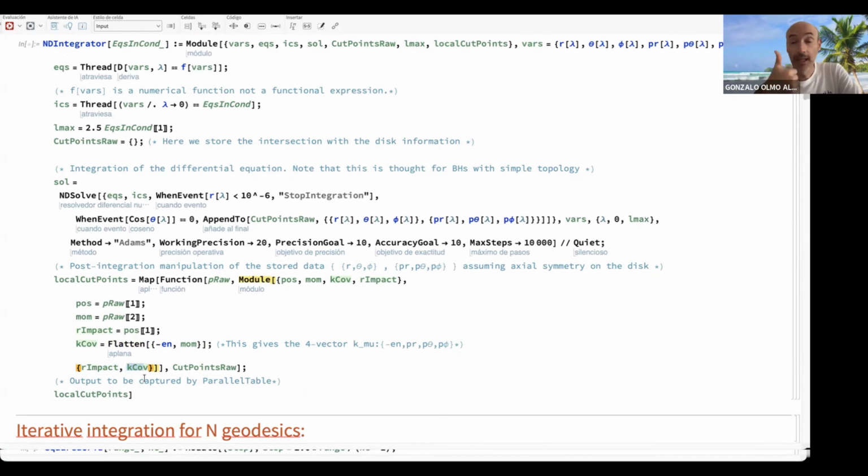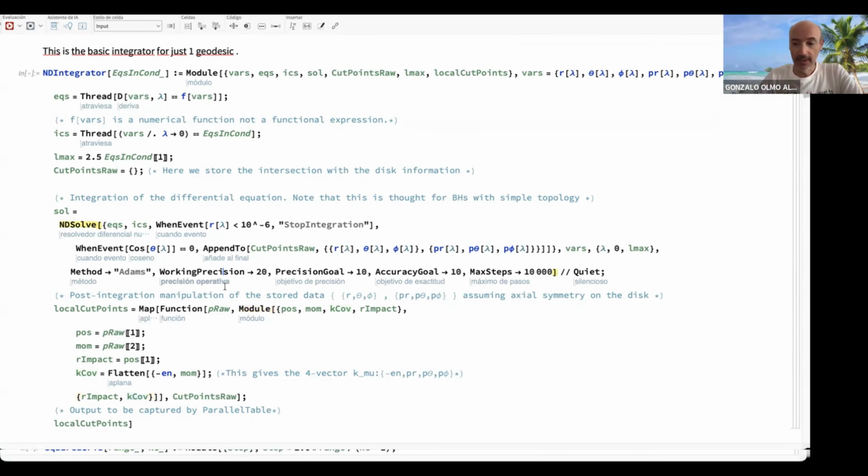We are not plotting any geodesics, and we are not keeping track of the order of the intersections. We are just storing data about intersection and momentum, because we already know how everything else works. We did that in the previous lecture.